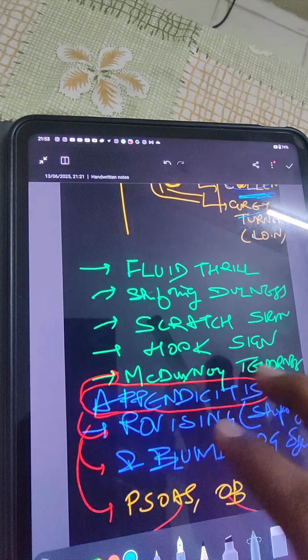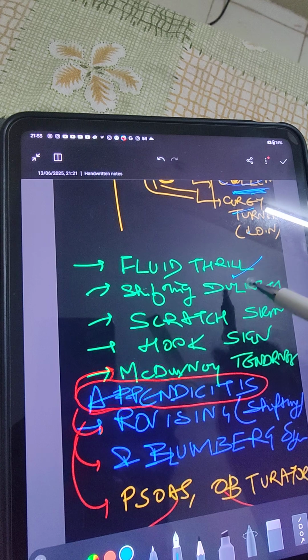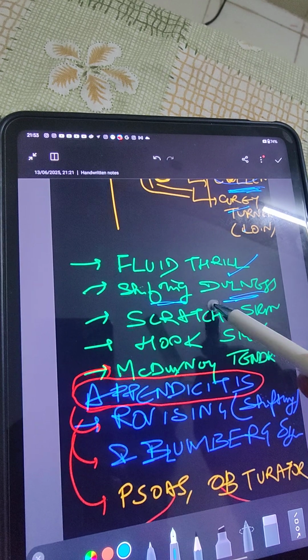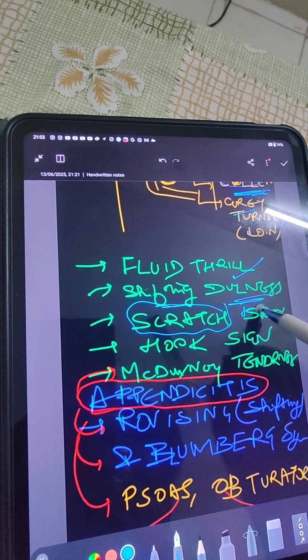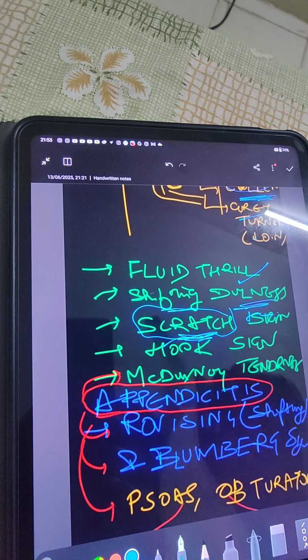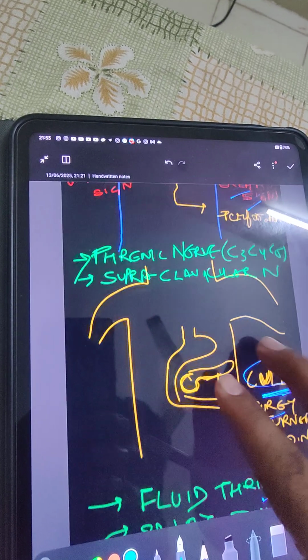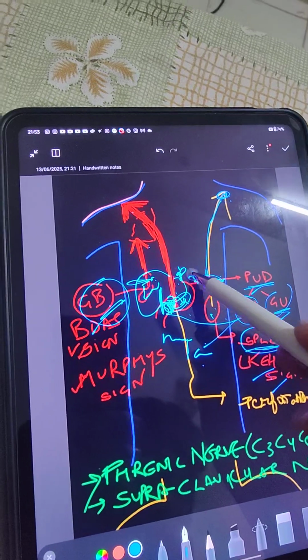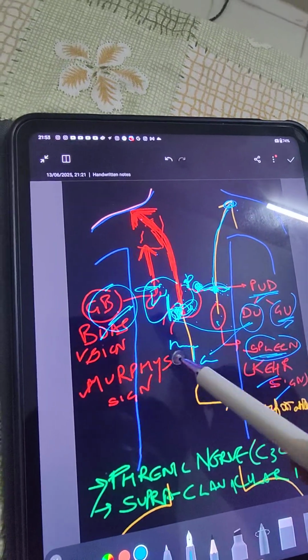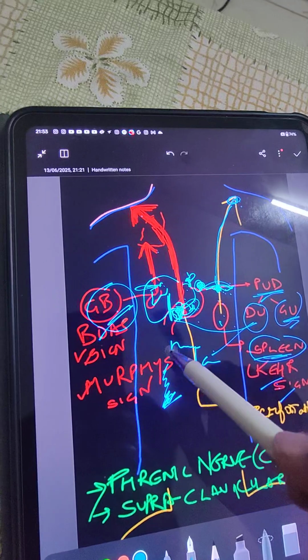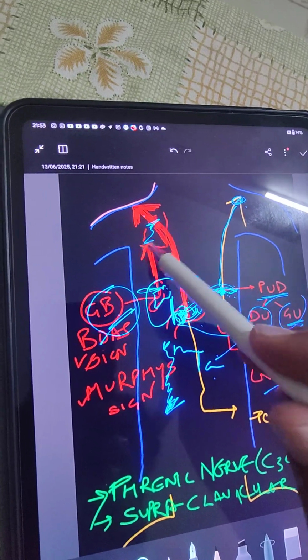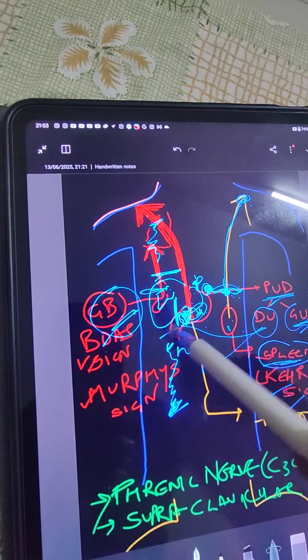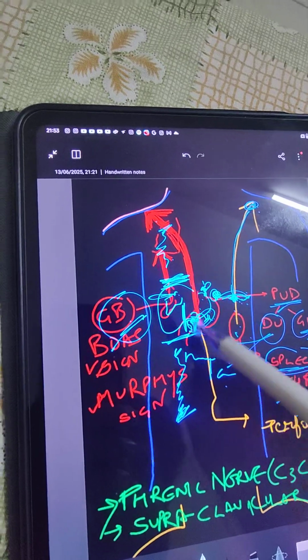Other signs and symptoms you will find are fluid thrill or shifting dullness, and scratch test. This test is performed in hepatomegaly. What we will do? Stethoscope is put on the epigastric region and scratching starts from below, then upward. There will be a change in the sound from here to here.